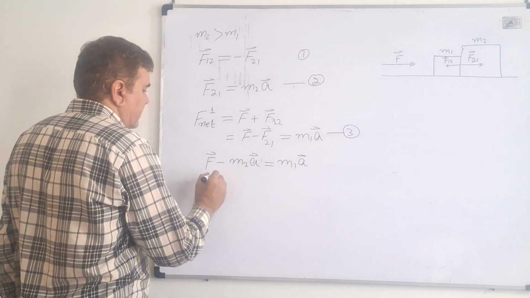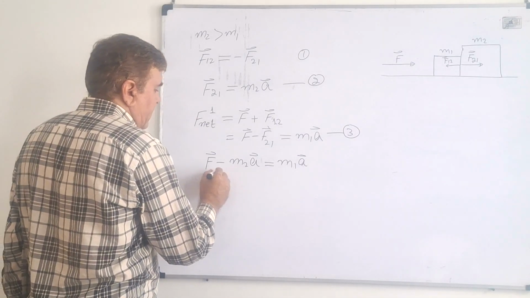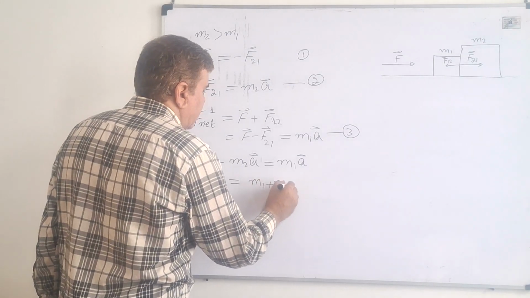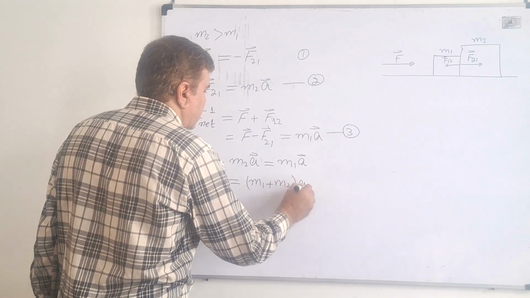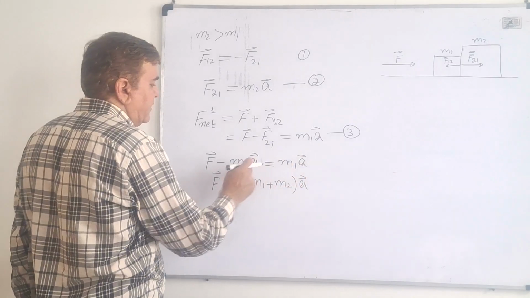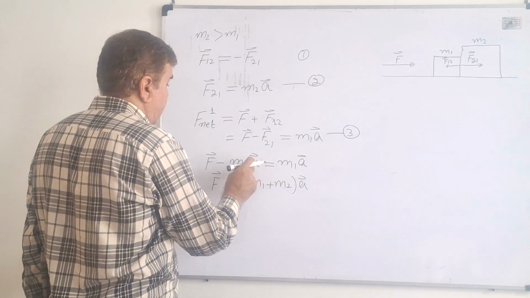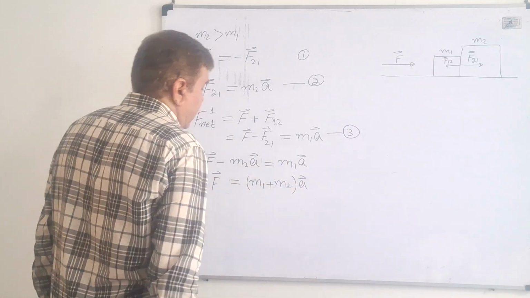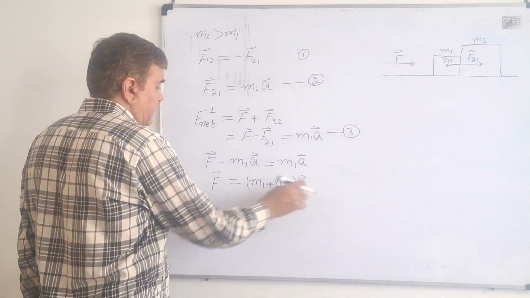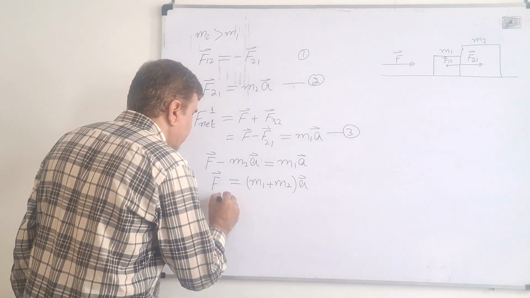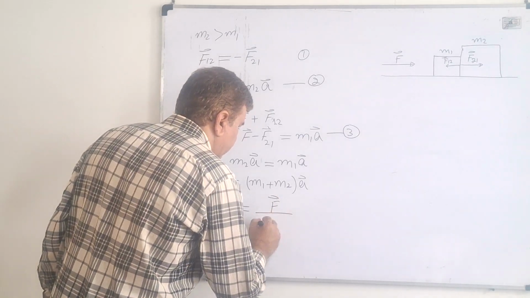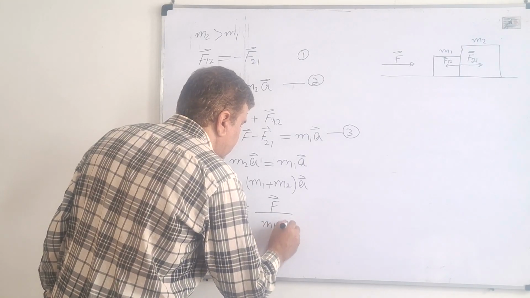From this I can write F equals m1 plus m2 times a, because I'm taking this to this side, so the minus will become plus, and then both the terms carry a, so I take a common from them, and I write that as a factor of two things, one this and the other this. And from this I can write acceleration a equals F divided by m1 plus m2.